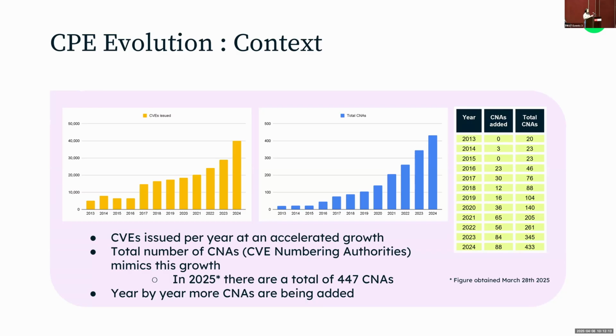At time of data collection in 2025, there are 447 CNAs. But only a subset of these CNAs can issue CVEs for entities outside of their immediate offering. This suggests that there are potential vulnerabilities not yet documented, as there are billions of products out there.